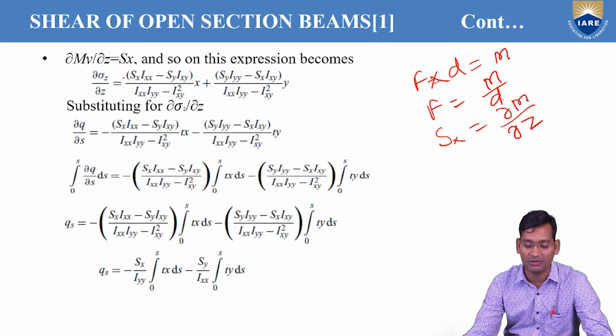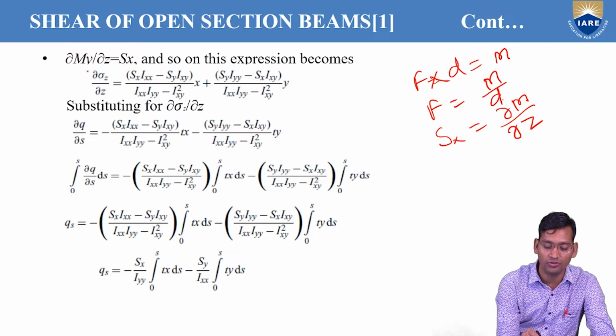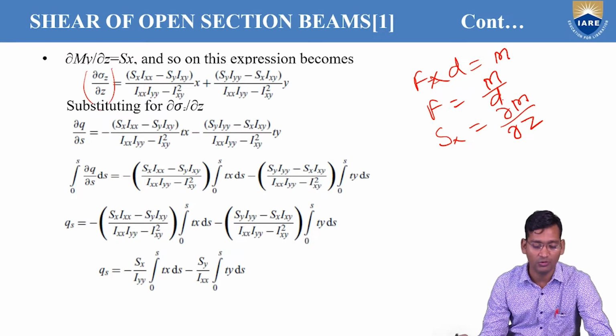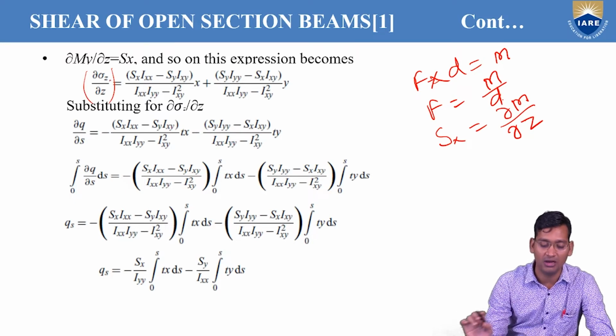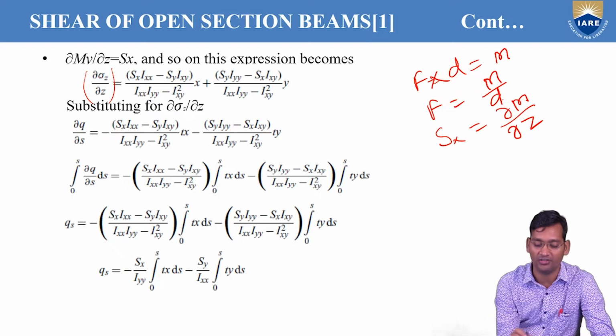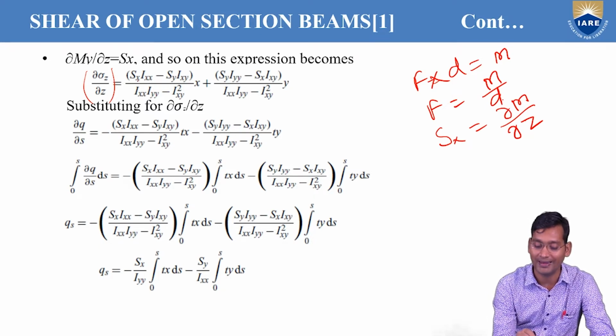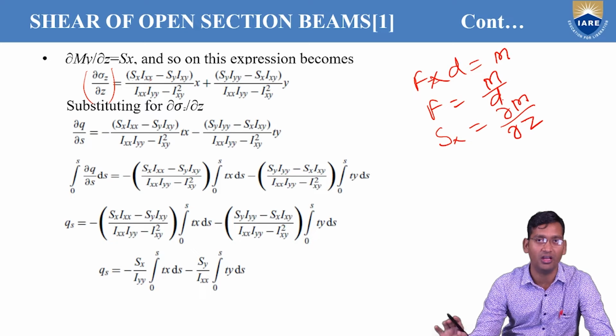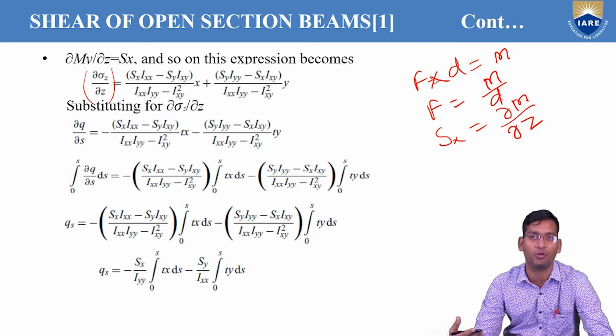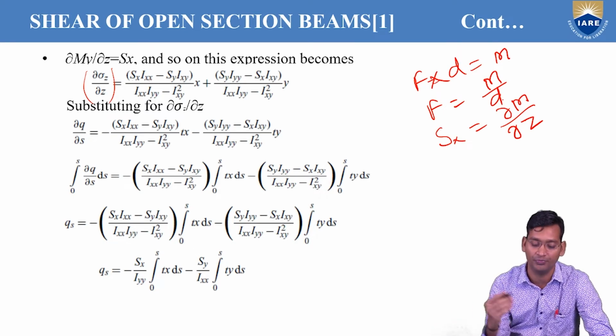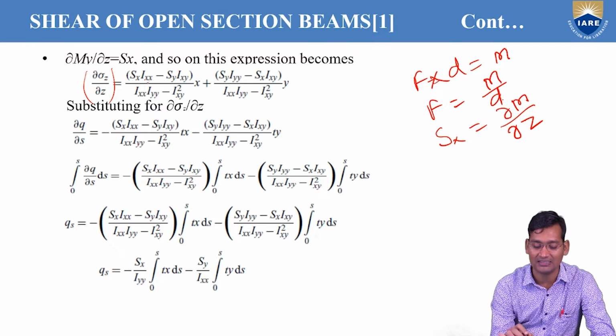Now this expression becomes, substituting the moment equation, del sigma z by del z, that is the stress, equal to the load in x direction into moment of inertia Ixx, a section property we saw in the previous video. So Sx Ixx minus Sy Ixy, divided by Ixx into Iyy minus Ixy squared, into x.